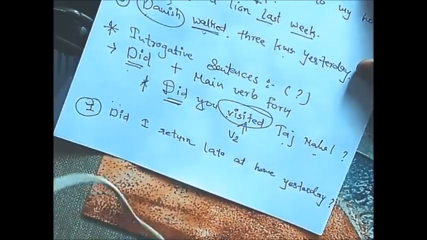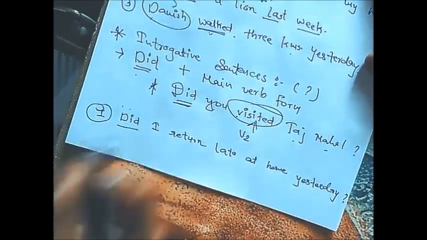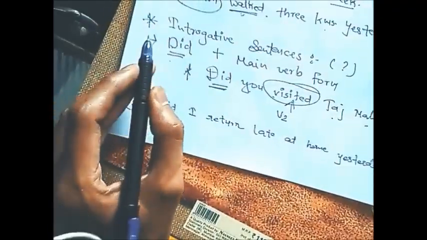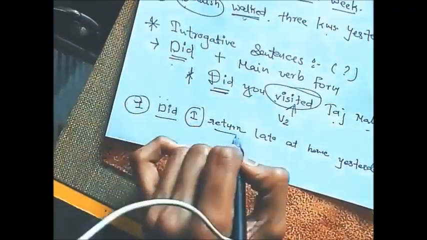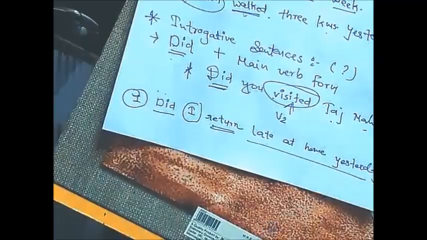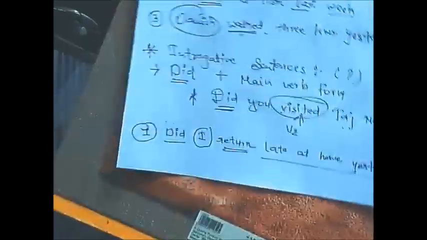So this is how you can make a sentence. In the very beginning you have to put did, then the subject, then the main verb form, and then the other words will be there. Okay, let us take another one.